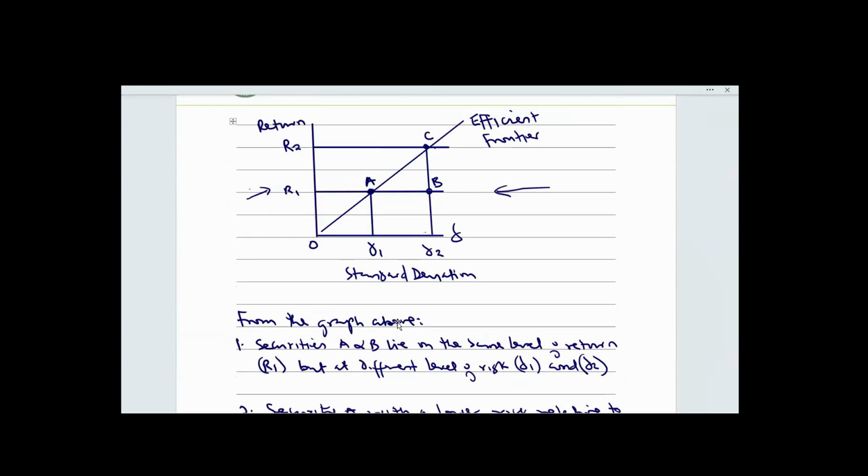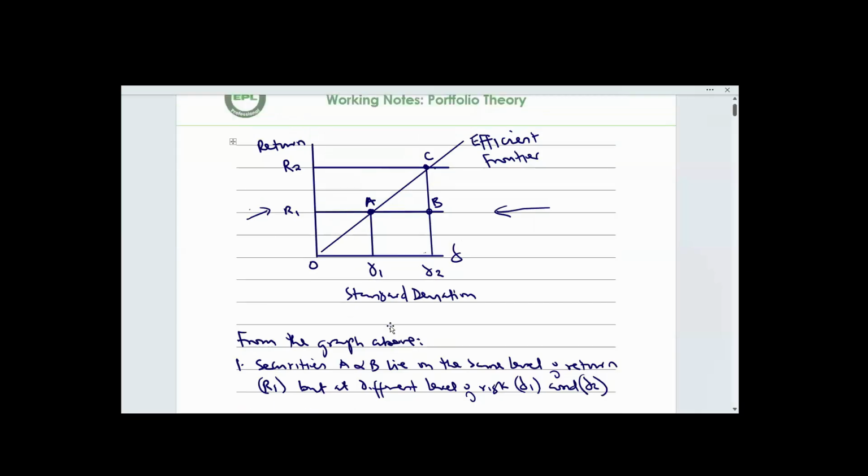So a risk-averse investor will prefer security A, but security C will be preferred by a risk taker, because a risk-aggressive investor will want to go for the best, the highest of the highest, not minding the level of risk. You can see, the higher the risk, the higher the return. Security C has a higher risk and also a higher return.